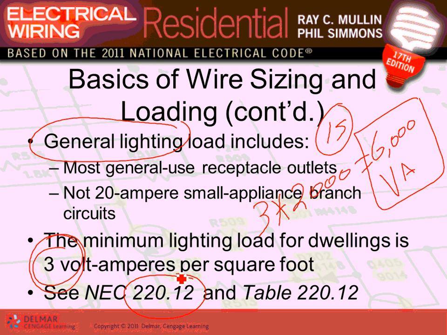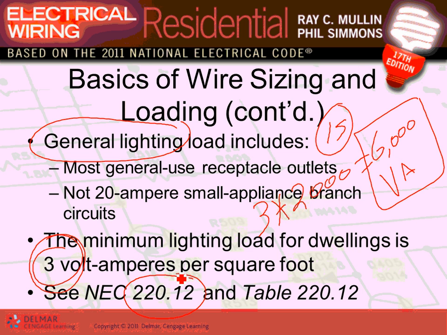But a general purpose receptacle is a receptacle that is not specified in the code as dedicated to a load. So any receptacle that the code does not allocate a special load to is a general purpose receptacle. Any comments, guys? Any questions about this?